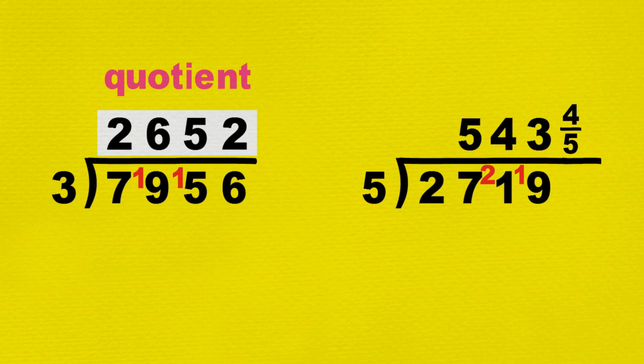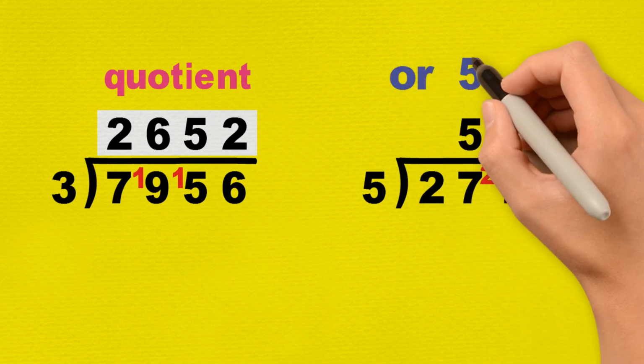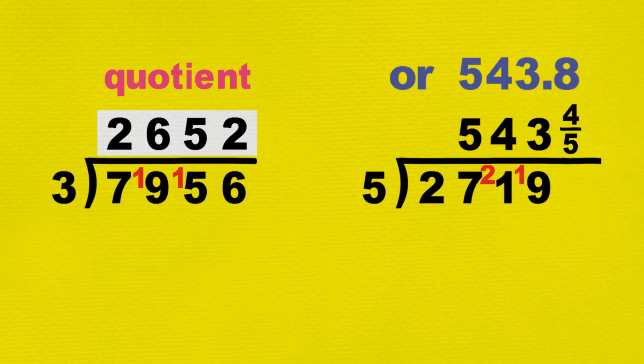That is 4/5. For this example then, the quotient is a mixed number, that is 543 and 4/5. Or we could write it as a decimal, 543.8.